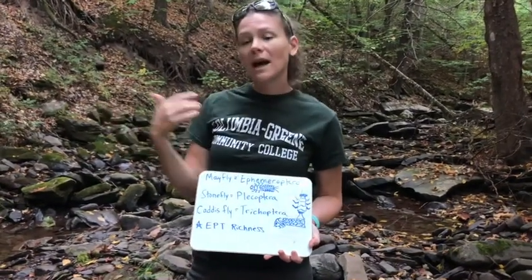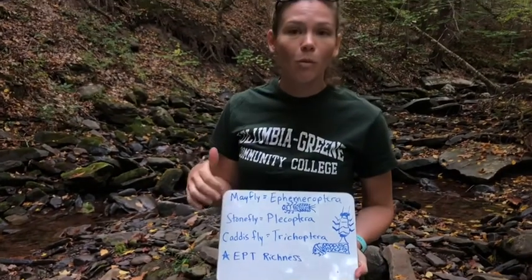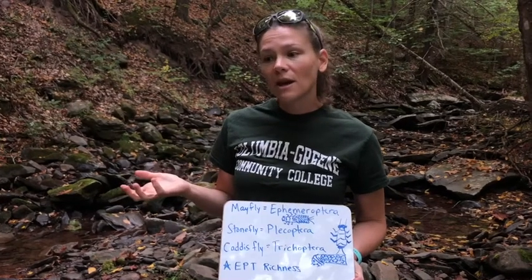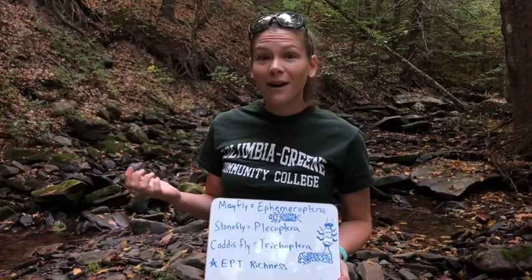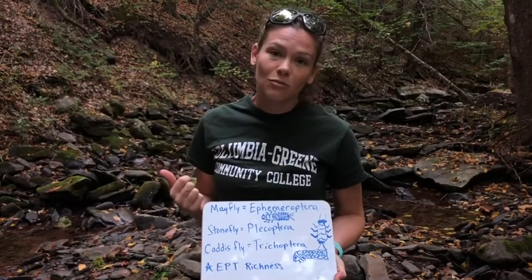So just like we get oxygen out of the air, these guys are getting the oxygen directly from the water. The sensitive species that we are looking for are generally the ones you'll find in good quality streams where we have a lot of oxygen, the ones taking the oxygen right out of the water.